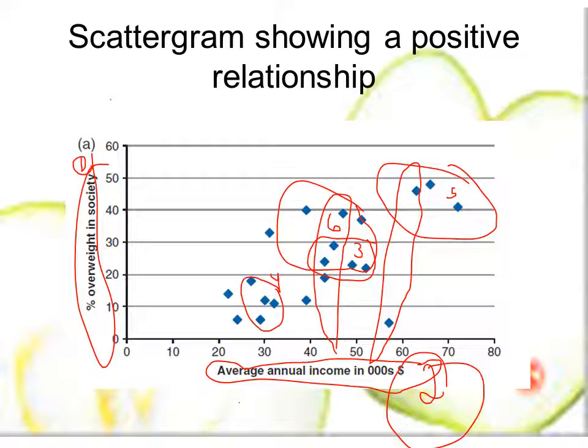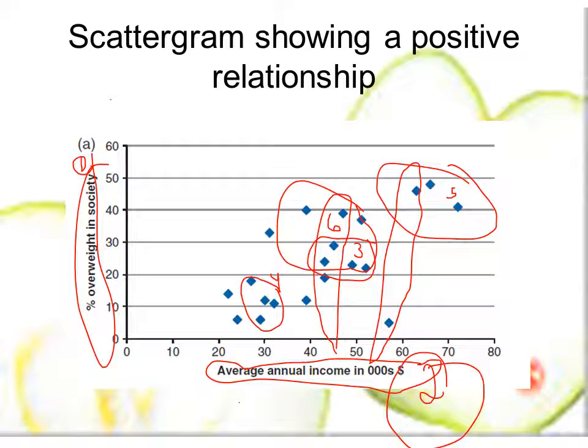If we really want to look at the outliers here, we're going to look at between $50,000 and $60,000. We look at these people at $60,000, $55,000. Several of them are in the 50 percentile of obesity. We'll mark that with a number 5.